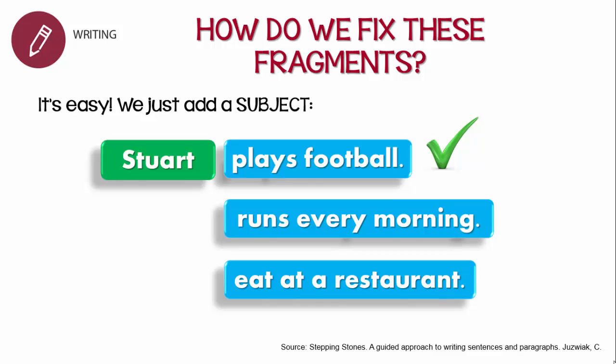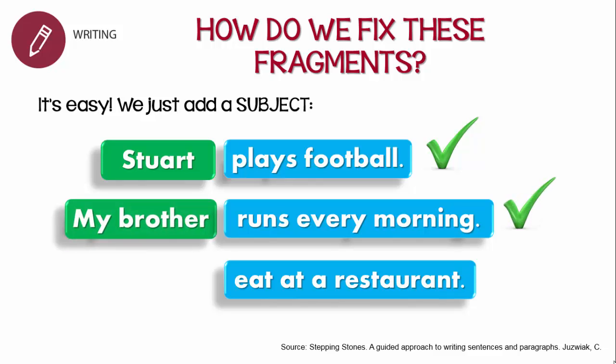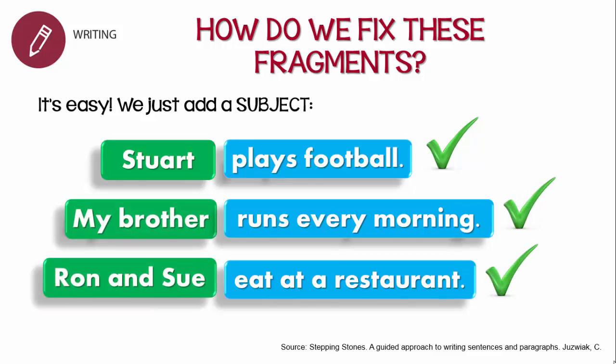Stuart plays football. My brother runs every morning. Ron and Sue eat at a restaurant. Notice that the first two examples have simple subjects that are composed of only one noun, and the last example is made of a compound subject, Ron and Sue. I have two proper nouns, Ron and Sue, and a conjunction, and.